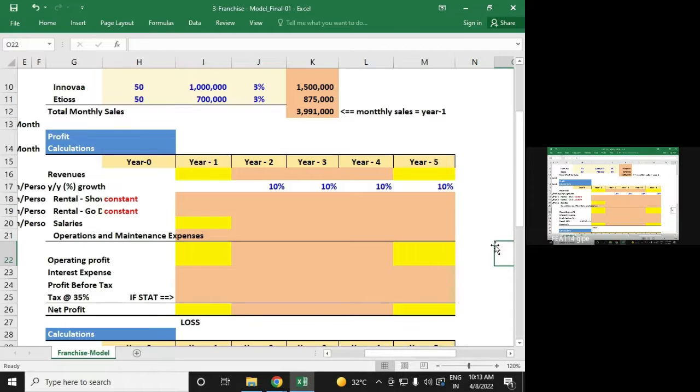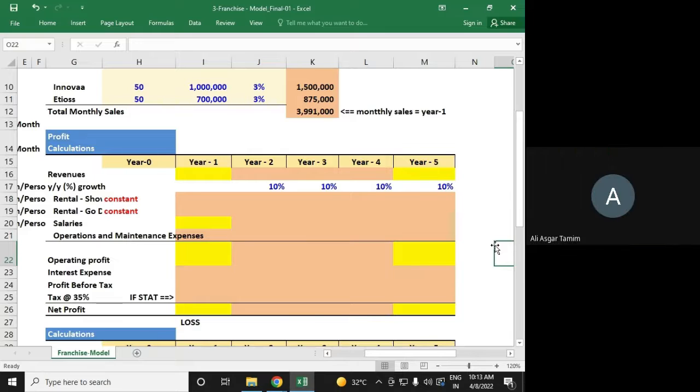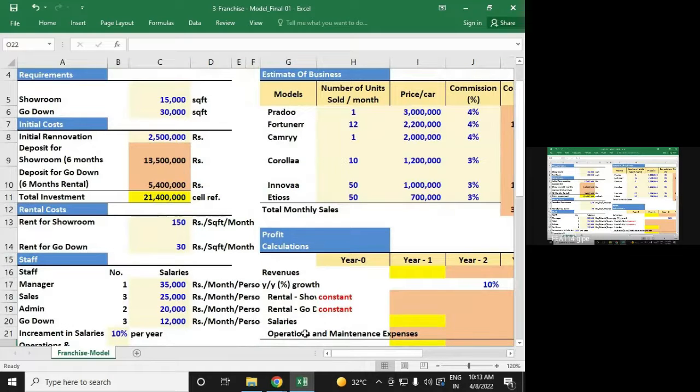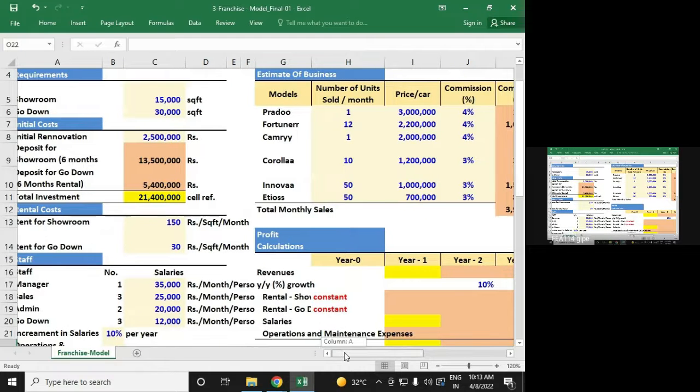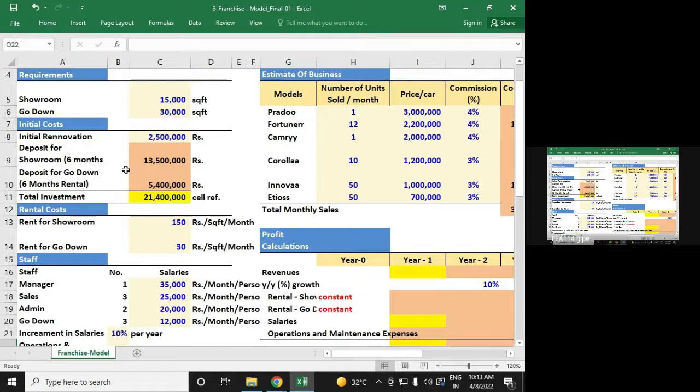Showroom is 2.2 crores, sir. The rent 2.25, you're saying? Yeah, rent for showroom, yeah. So we have 6 months rent as 1 crore 35 lakhs. So annualized will be slightly higher than that, 2.7 crores maybe.